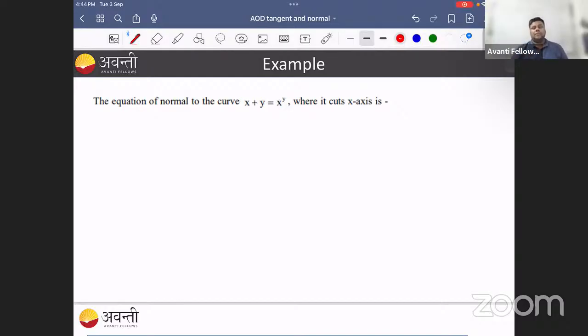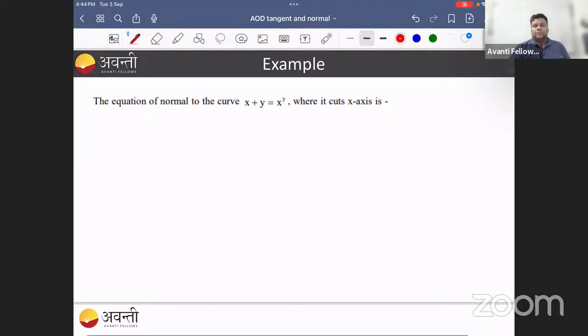Yes. If not the question, at least tell me the slope of the normal or tangent. Quickly. Slope is 1. Somebody answered. Bhagat.